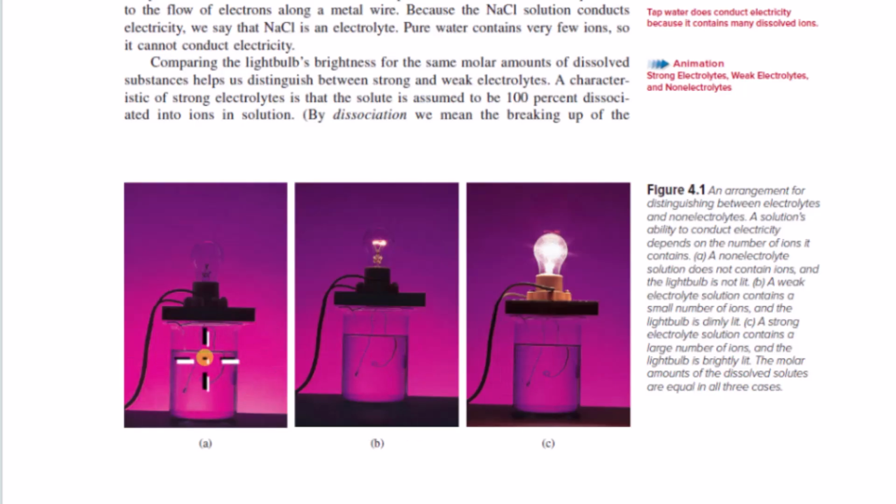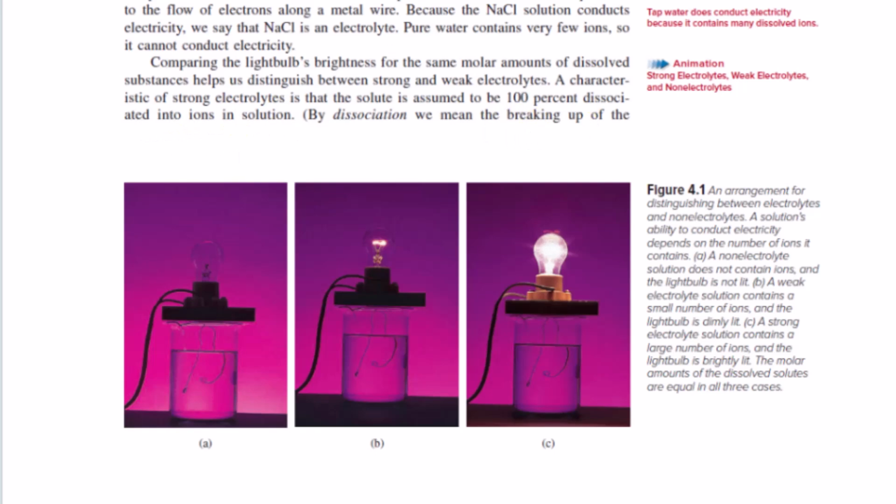This one is going to be a non-electrolyte, this one is what they're calling a weak electrolyte, and this one is what they're calling a strong electrolyte. And what makes something a strong electrolyte is that it's assumed to be 100% dissociated into ions in solution.